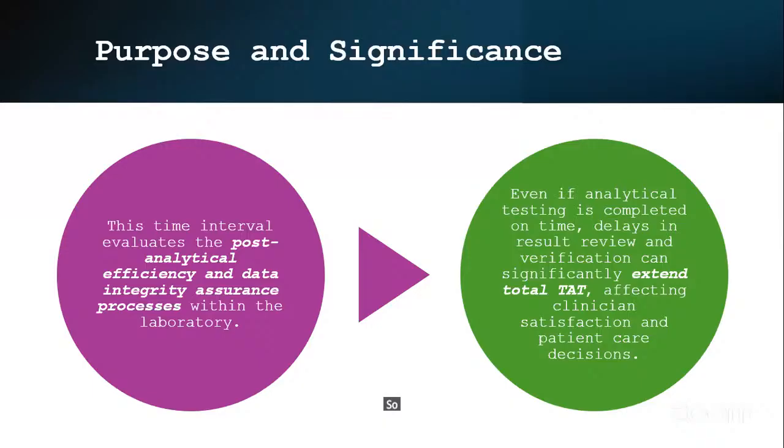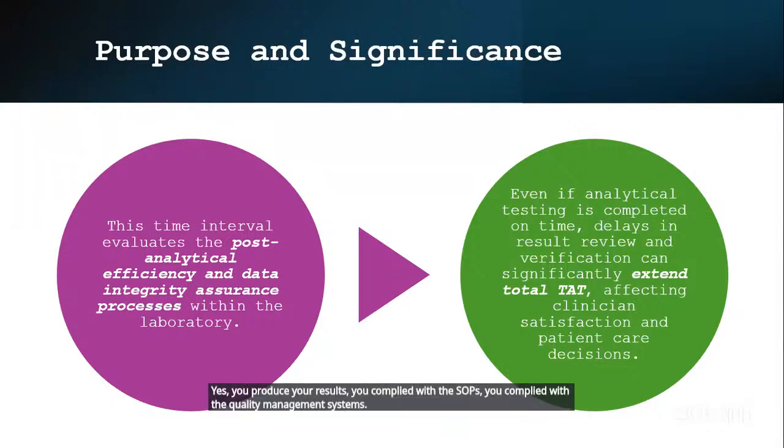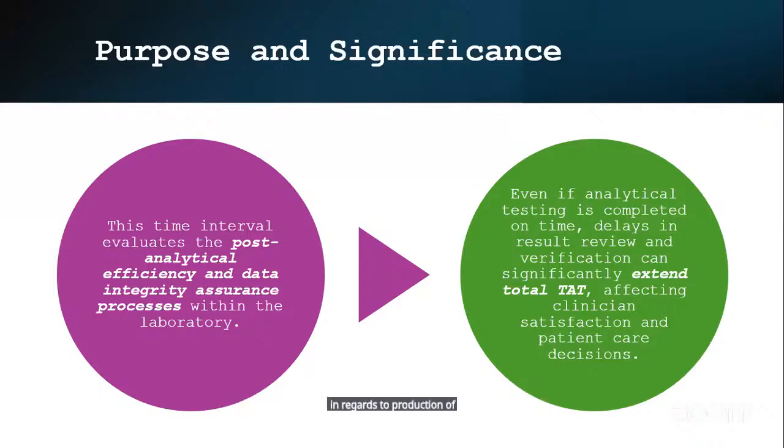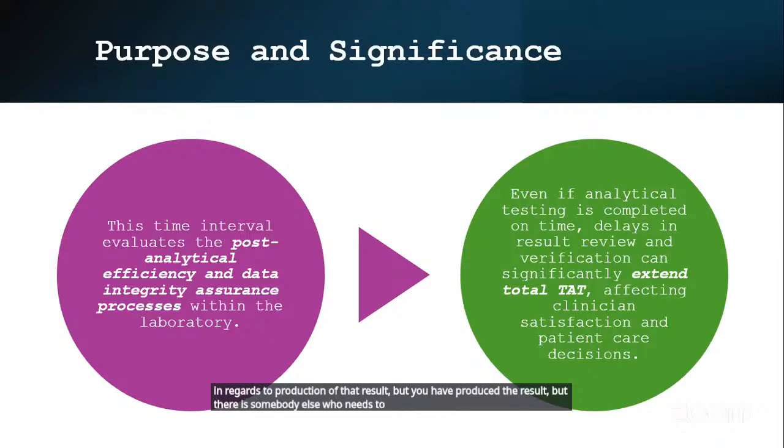So we look at it, even if analytical testing is completed on time, delays in result review and verification can significantly extend the total turnaround time, affecting clinician satisfaction and patient care decisions. Yes, you produce your results, you complied with the SOPs, you complied with the quality management systems in regards to production of that result, but there is somebody else who needs to come and verify that report before it's ready.